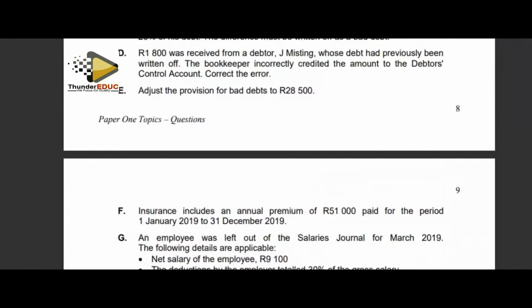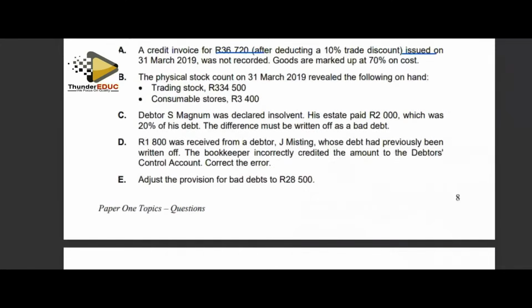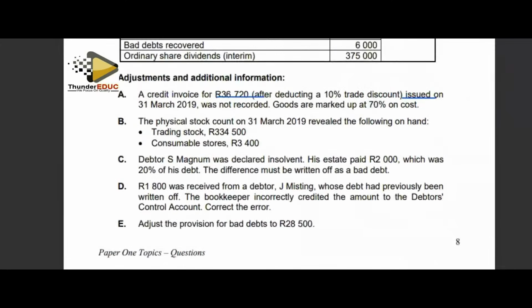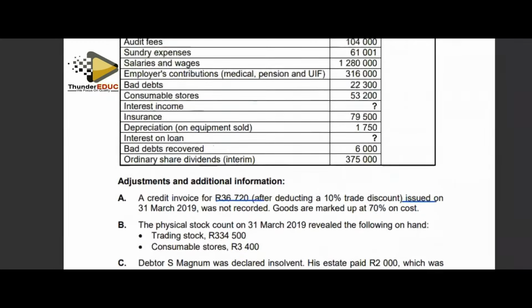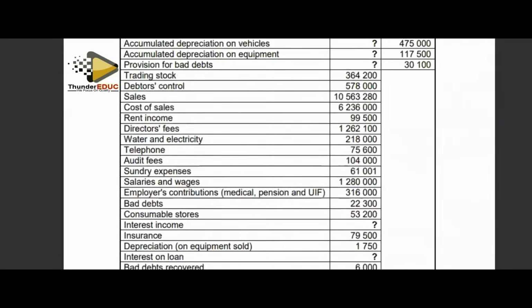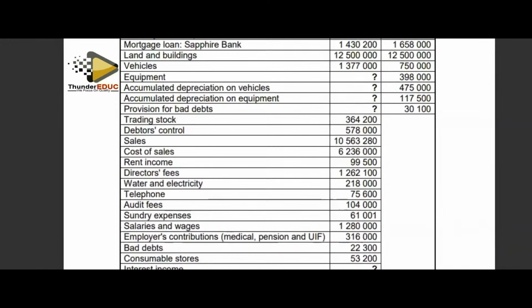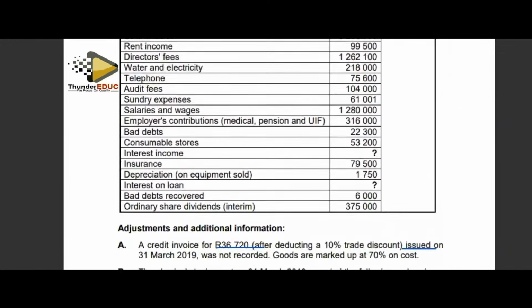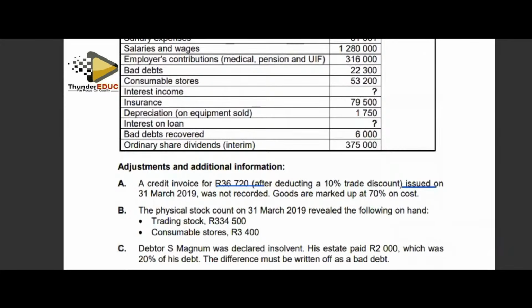All right, let's check. Remember, we have to check the additional information properly to see if there is anything affecting our figures. So let's check additional information number 1 and see what it says. A credit invoice of 36. It was issued to whom?